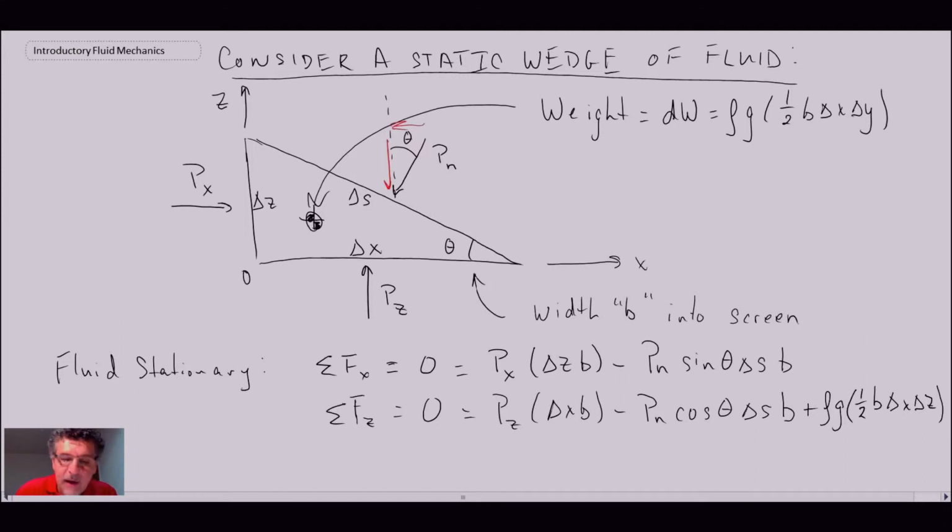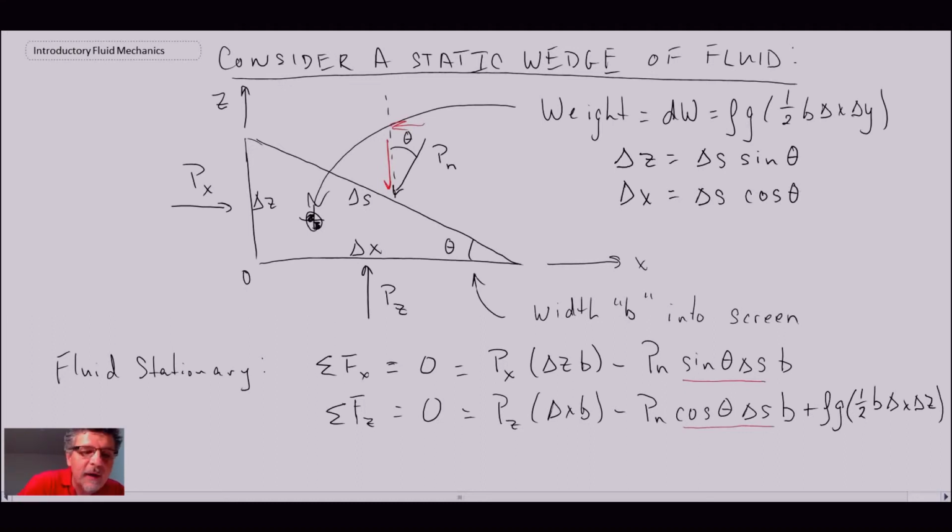Now, what we're going to do, we're going to replace sine theta delta S and cos theta delta S, and we're going to do that using trigonometry. And so what we can write is that delta Z is equal to delta S sine theta, and delta X is equal to delta S cosine theta.